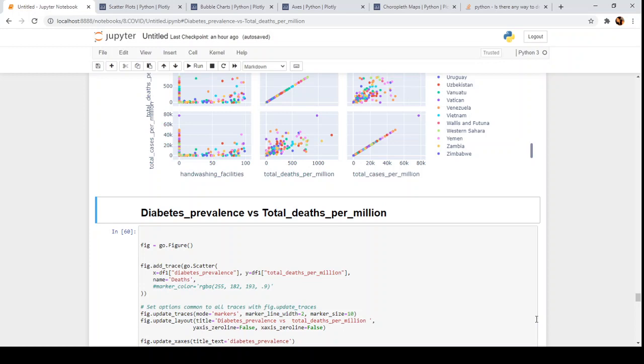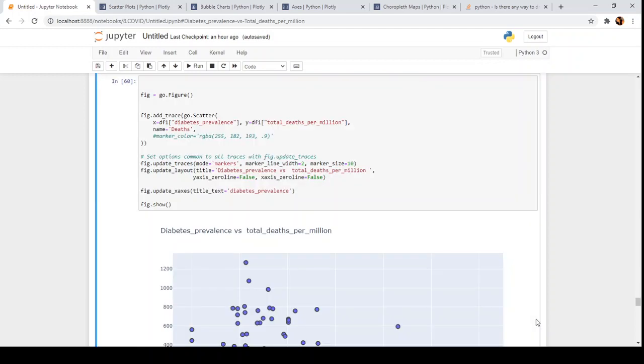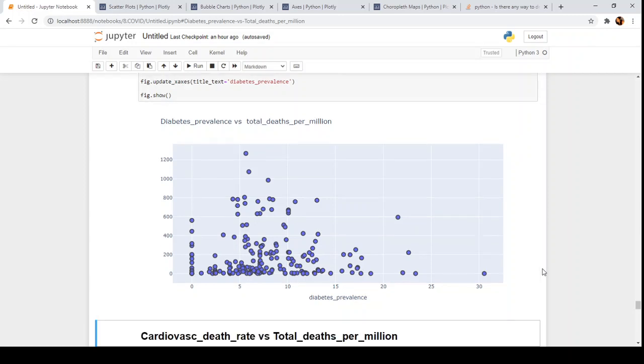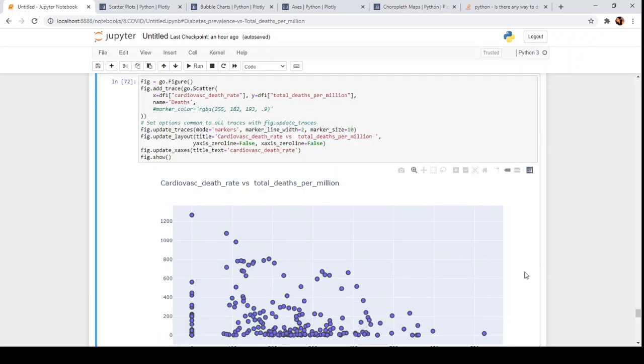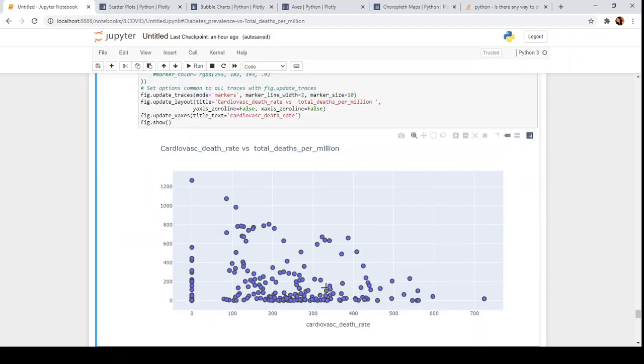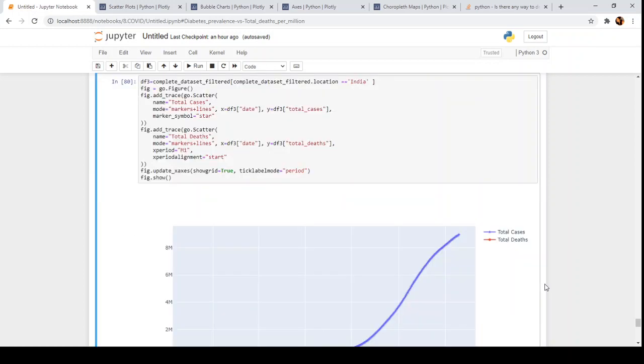Now diabetes versus total deaths. This is a scatter plot for this. You can see, and cardiovascular disease death rate. You can see analysis of India.